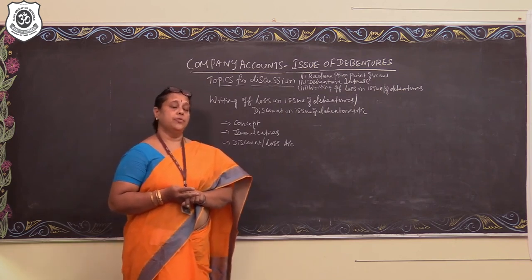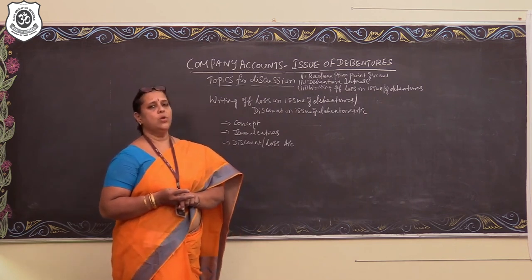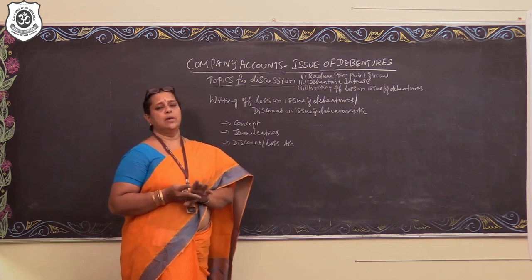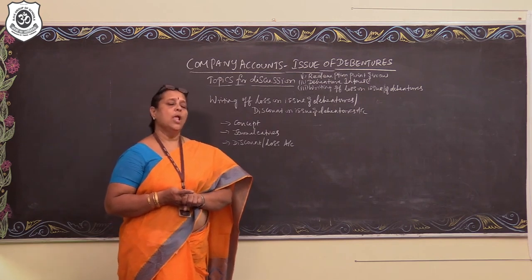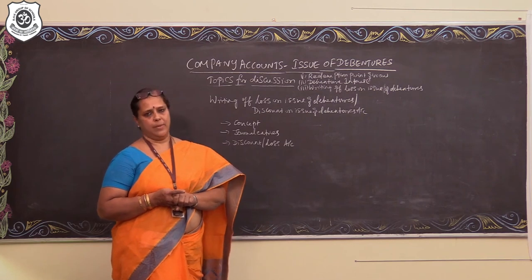In case such reserves are also not sufficient, then the company may use the current year's accumulated profits, the current year's balance of statement of profit and loss, for writing off the discount on issue of debentures.